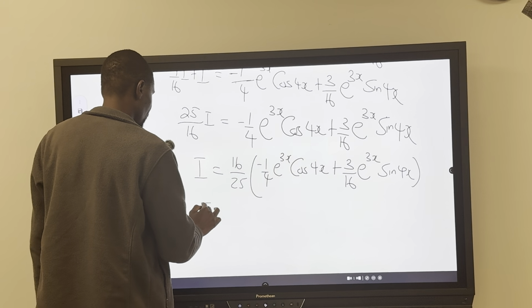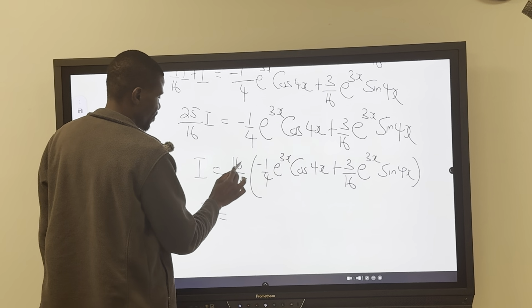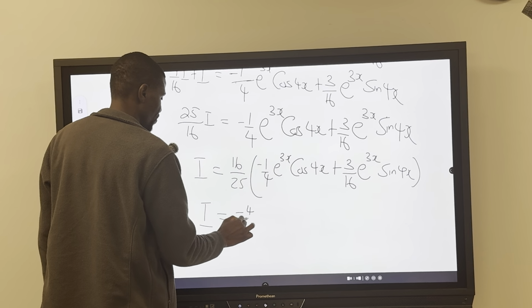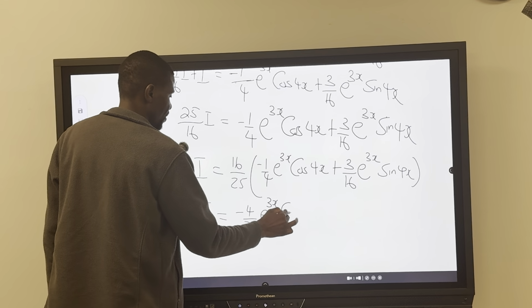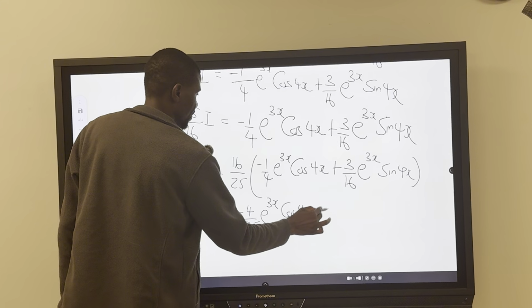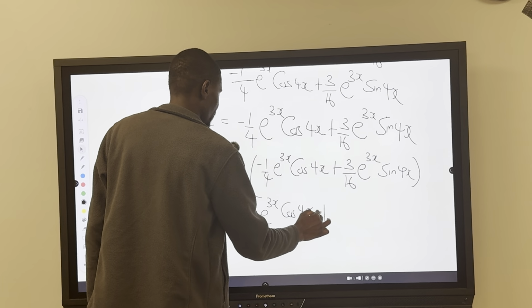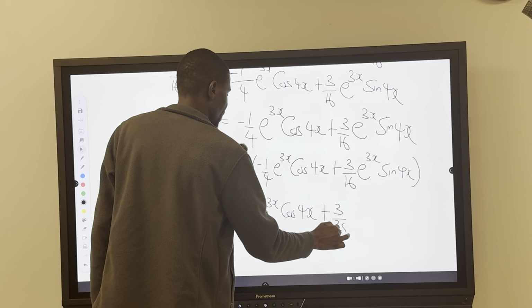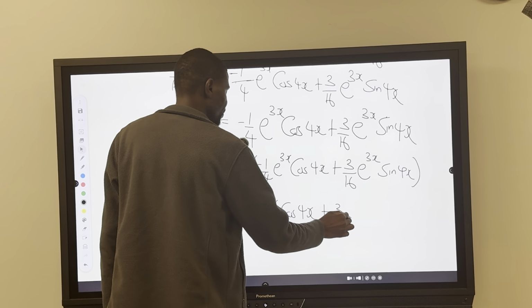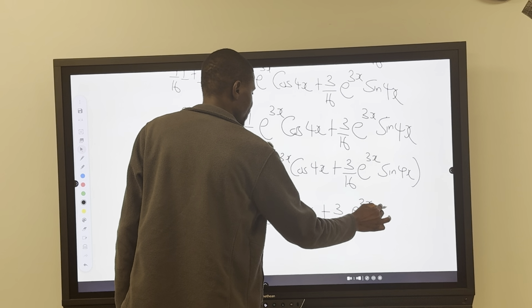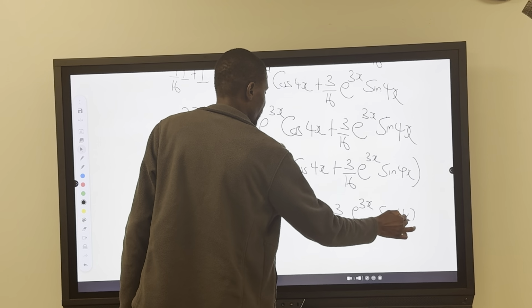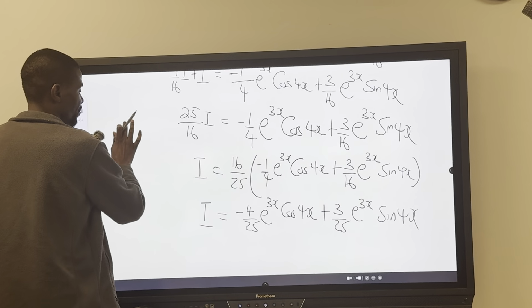Okay, so now I equal to, if I multiply here, negative 4 over 25 e to the 3x cosine of 4x, then this and that cancels out, plus 3 over 25 e to the 3x sine 4x, right?